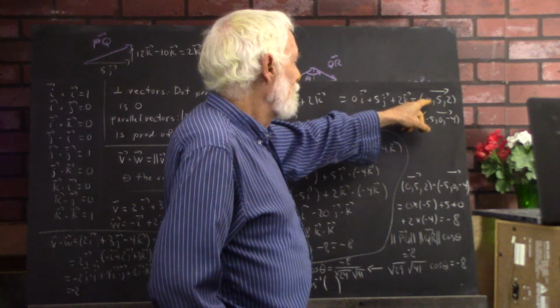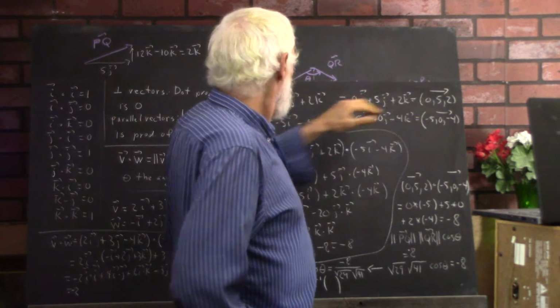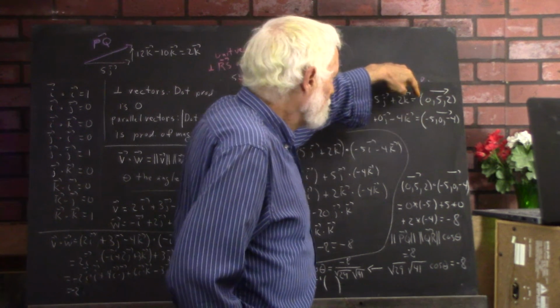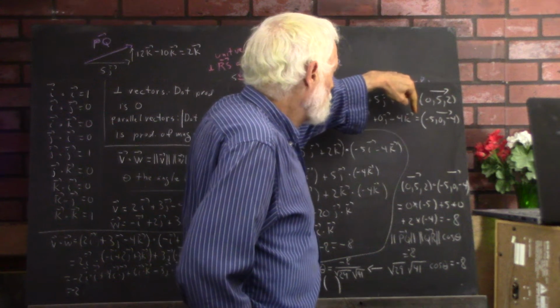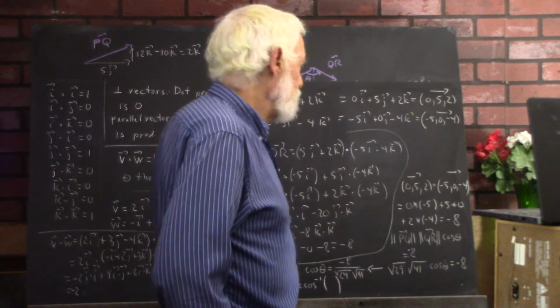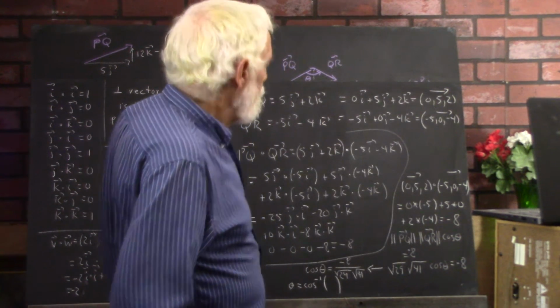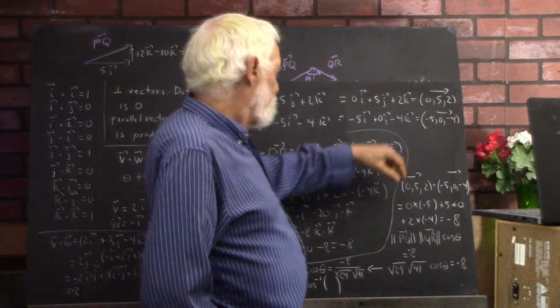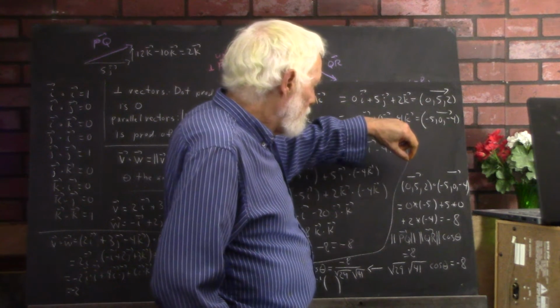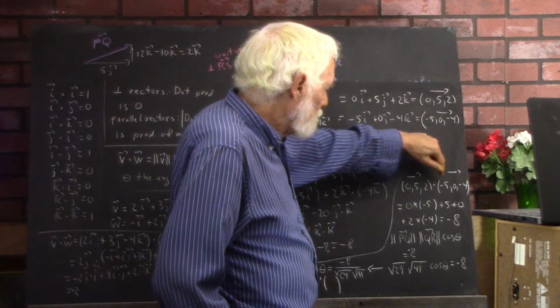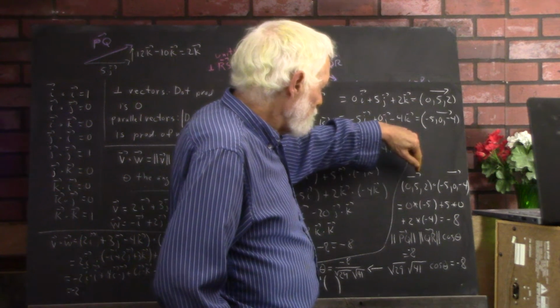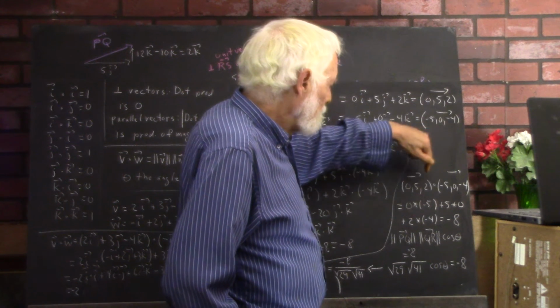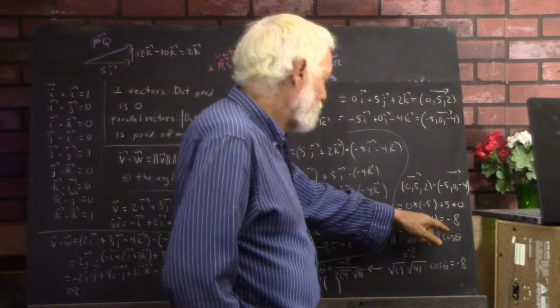And we see that the components of this vector PQ could be expressed as 0, 5, 2, and QR as negative 5, 0, negative 4. And then the dot product turns out to just be 0 times negative 5 plus 5 times 0 plus 2 times negative 4, or negative 8.